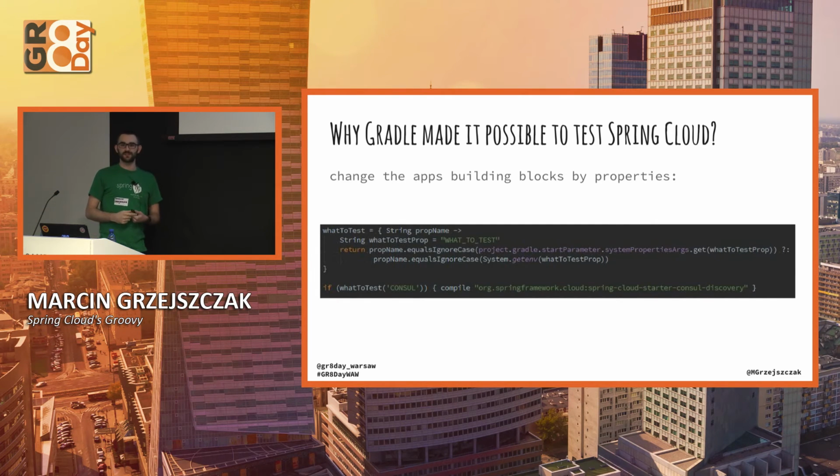I'm going to show you that in a second. Based on the information from whatToTest, I'm attaching different jars. If I want to test Consul, I'm attaching the Spring Cloud Starter Consul Discovery. If I want Eureka, I'm attaching a different jar. If Zookeeper, a different jar. That's how I can package the application with different jars.